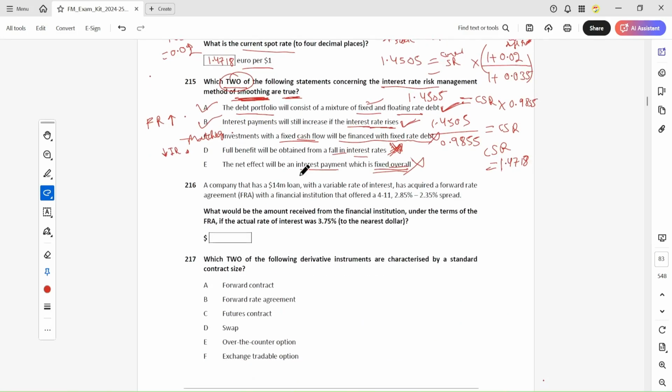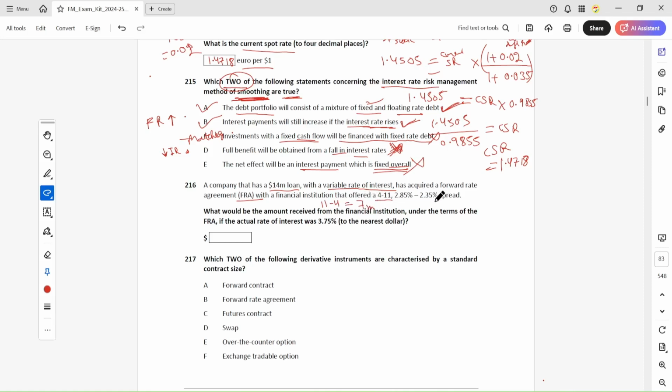A company that has a 14 million loan with a variable rate of interest has acquired a forward rate agreement with a financial institution that offered a 4 to 11 forward rate agreement, starting in 4 months and lasting until month 11. How long will it be? 11 minus 4, it is a 7-month loan.